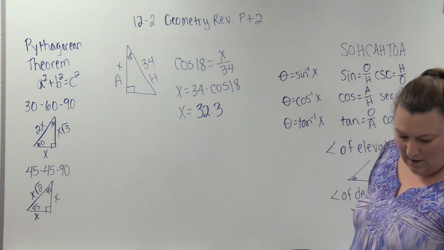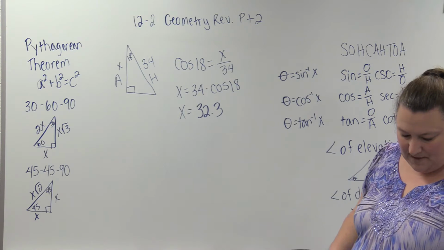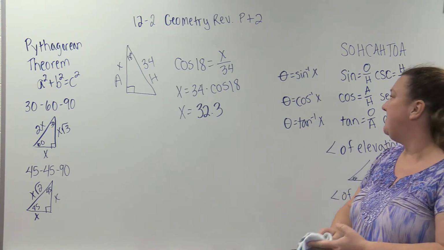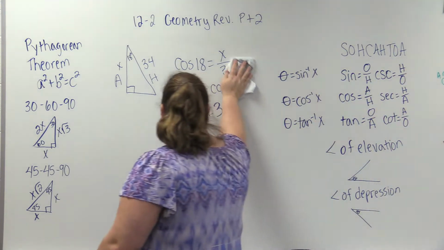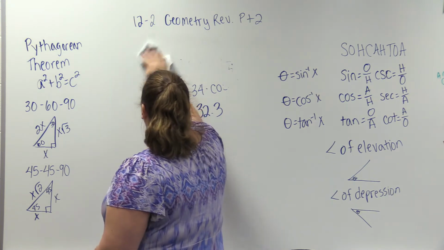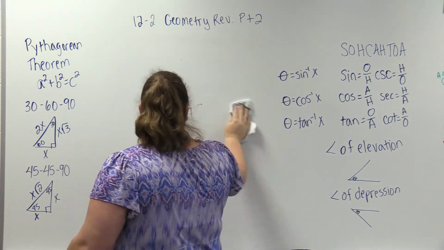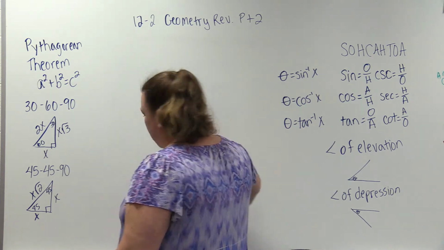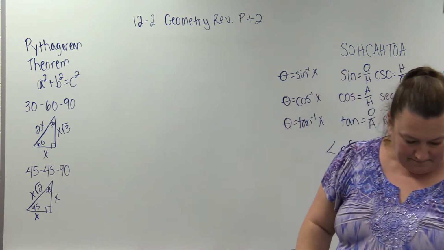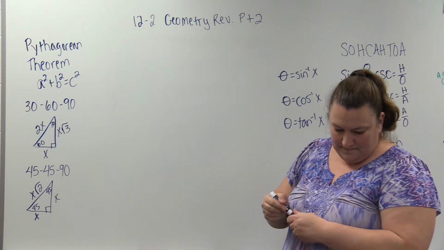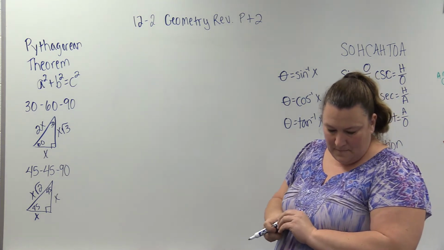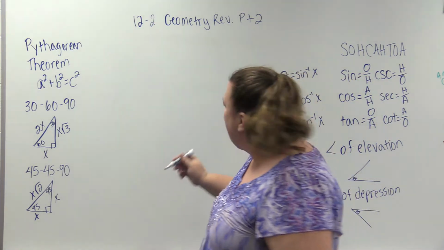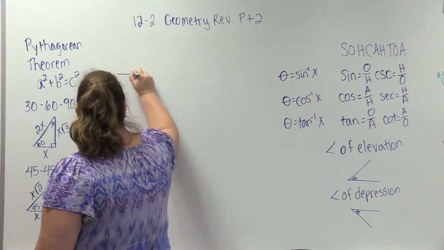Now let's try one more that looks like that, and then we'll go to some angles. So I have a leg that's x and a leg that's 9.